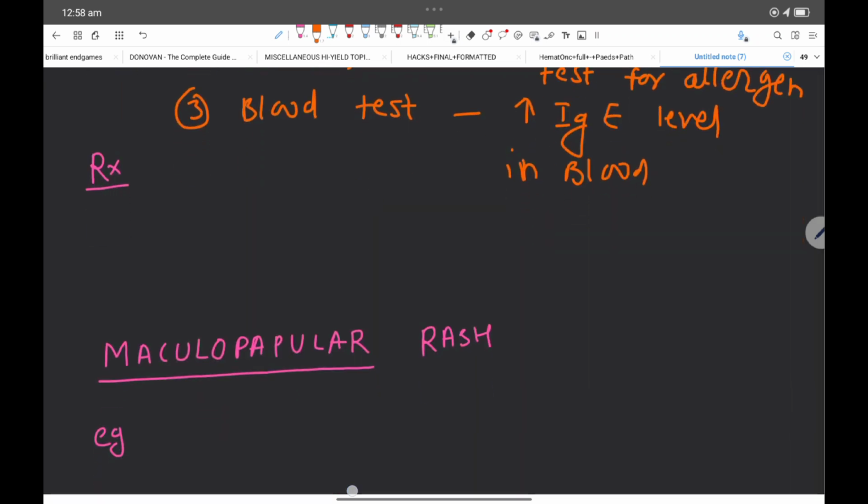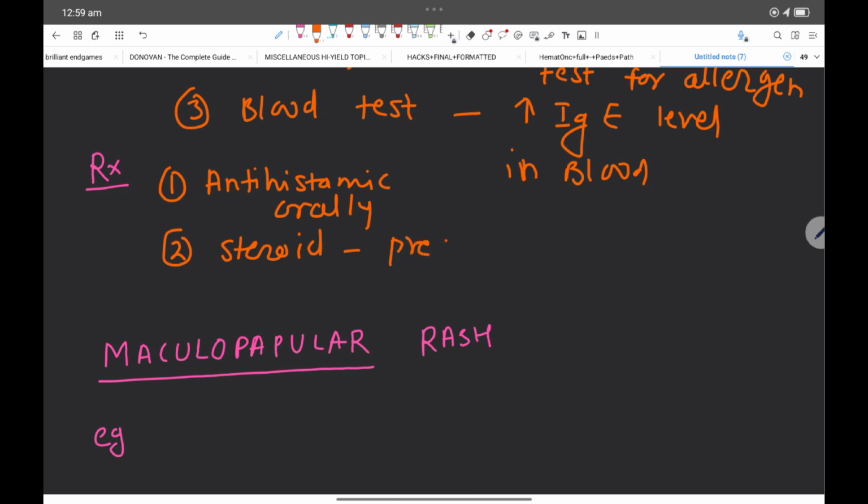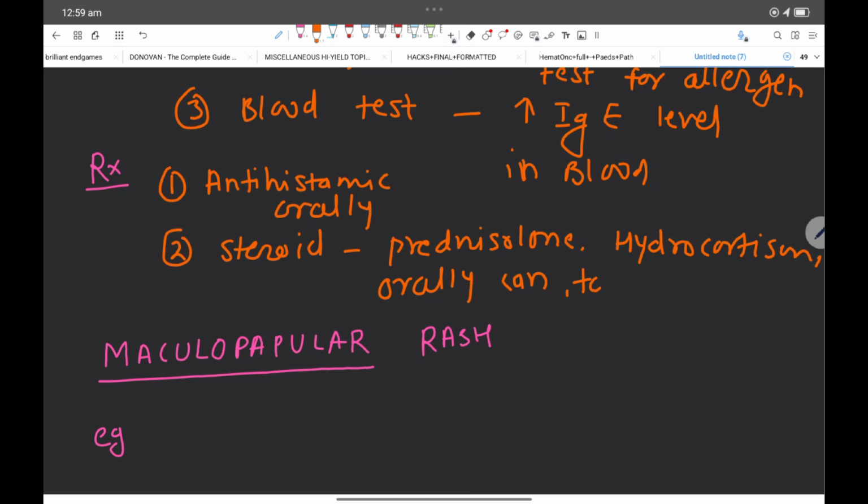So treatment mainly given is antihistaminic orally, steroids like prednisolone, hydrocortisone, orally, can be topically.